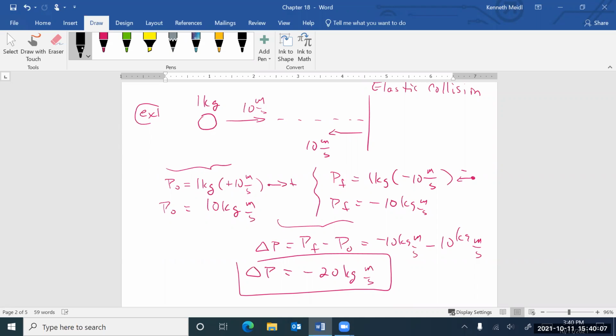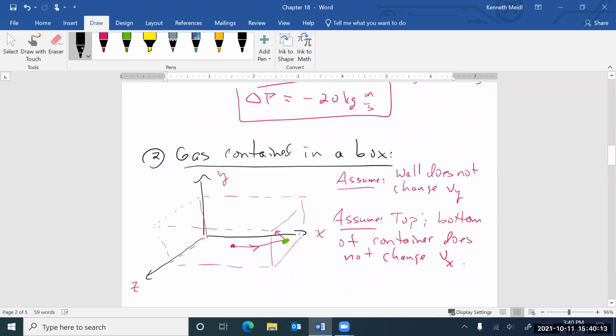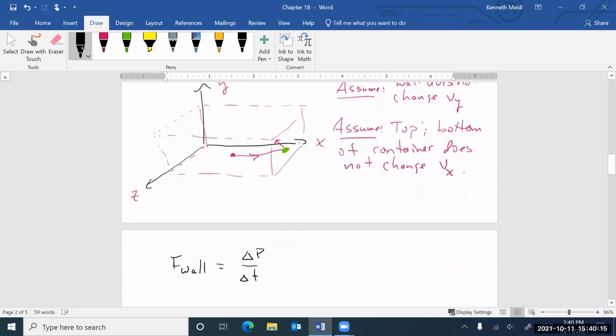And I know which way the force is here, so I'm not going to worry too much about that minus sign. And so what I've got here is 2 times the object's mass times its velocity in the x direction, all over the change of time.